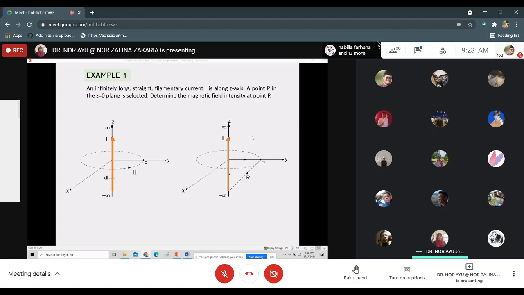Okay, right. Then what we need to do after that? Kita dah ada the equation, so what we need to do next? Find the parameter. Okay, find the parameter. So what parameters that we need to find?